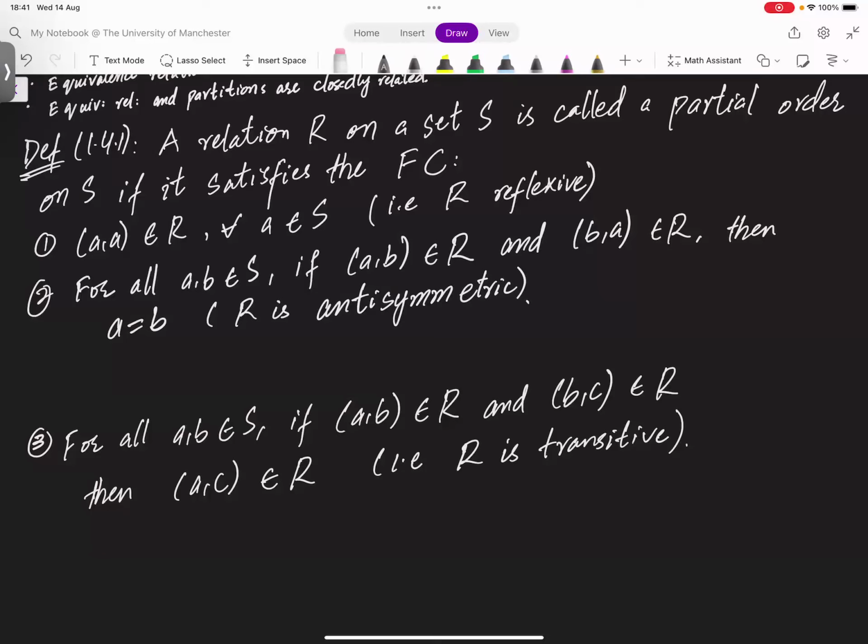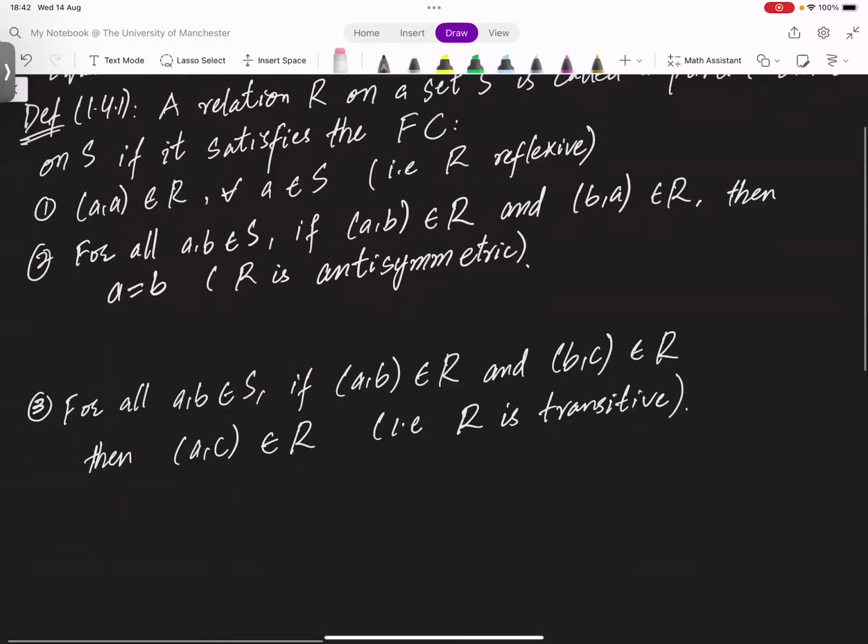So these three conditions will create a partial order on a set S. In other words, if a relation is reflexive, anti-symmetric, and transitive on a set S, then it is called a partial order on S. Perfect.